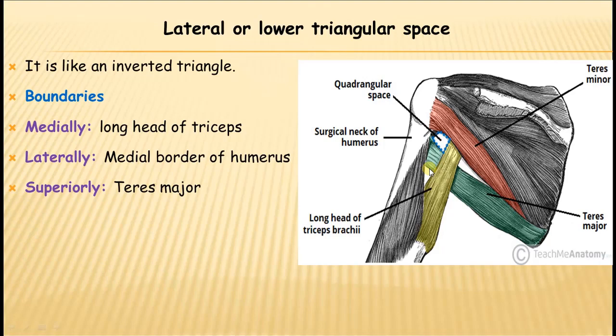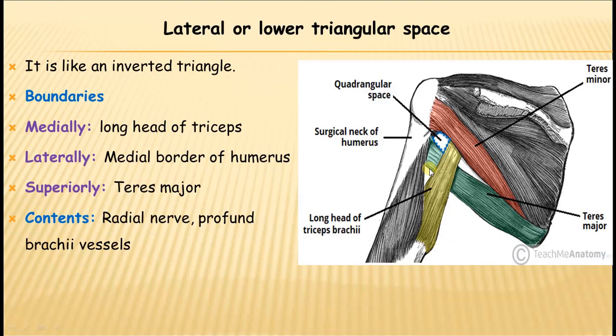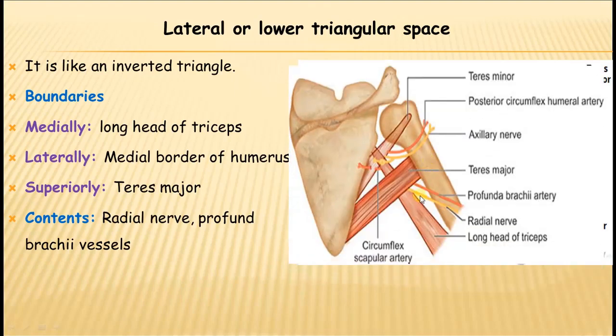So coming to the lower triangular space, contents are radial nerve and profunda brachii artery. So here you are able to see the radial nerve and profunda brachii artery. Radial nerve is again the largest branch of brachial plexus and it arises from the posterior cord of the brachial plexus.